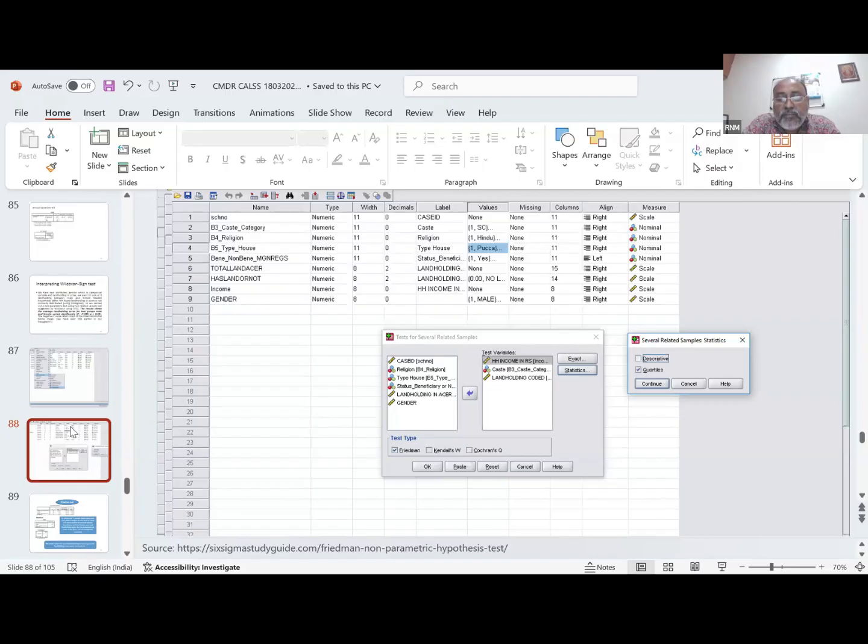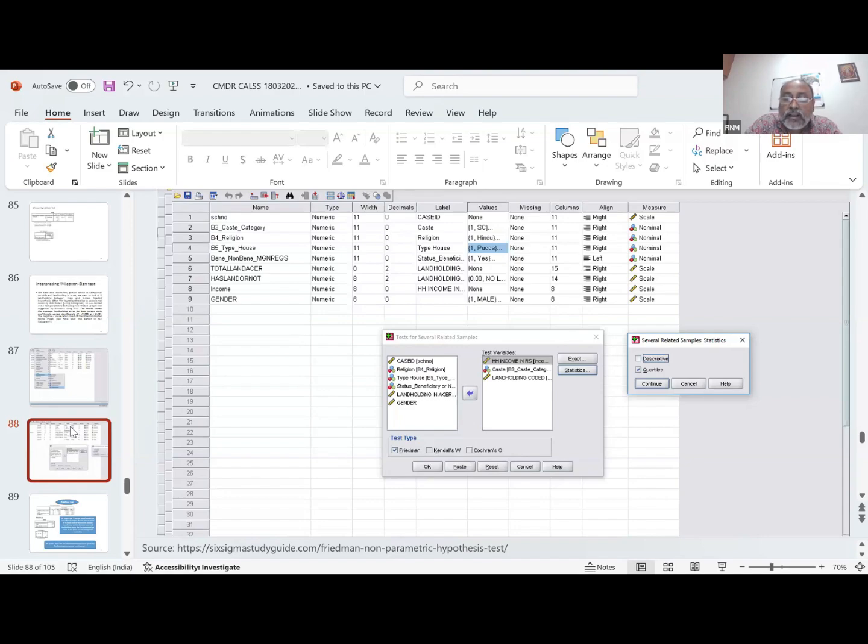It is called Friedman's ANOVA, which is applicable to non-normally distributed data. So you again go to Analyze, go to non-parametric tests, then select tests for several related samples. You will get an option, Friedman.